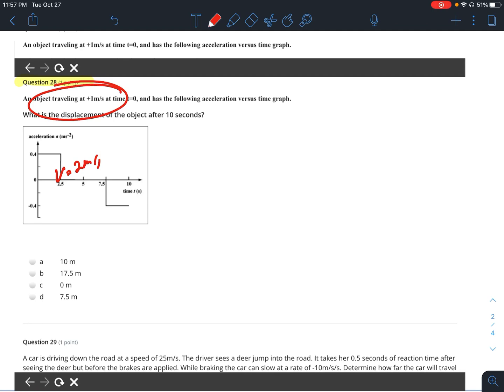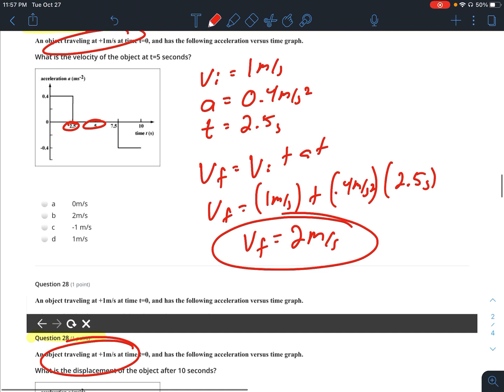We can't do any tricks of area under the curve per se. You could have done that here, knowing that we were moving at 1, and whatever area that was, it happens to be 1. So if we start at 1 meter per second and our change in velocity was 1, then we were definitely going 2.